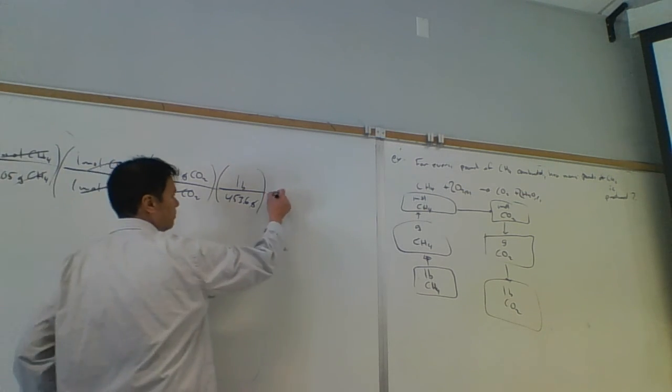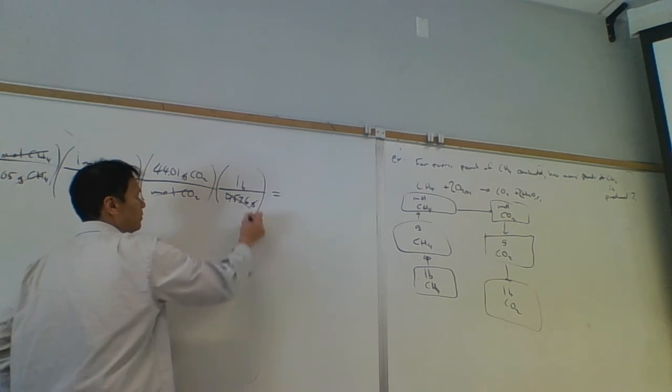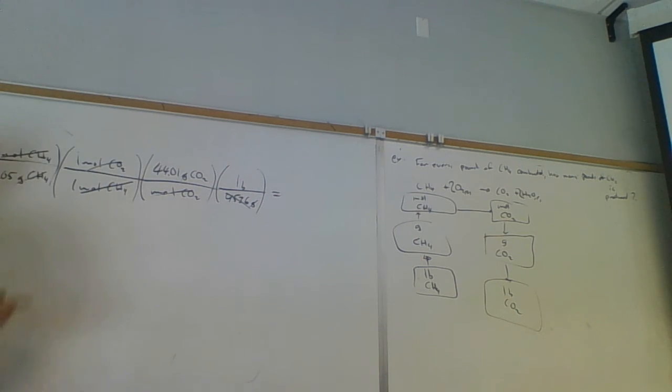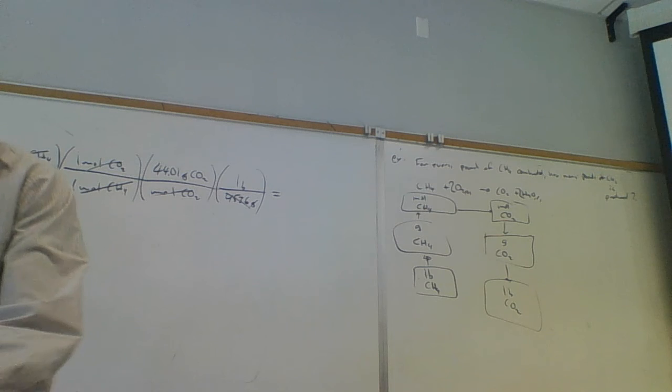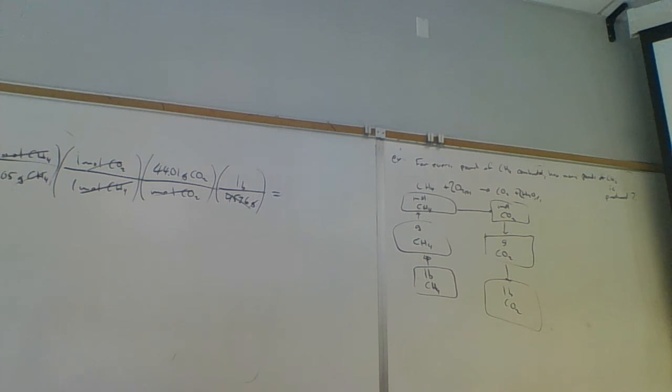Okay, we can do some further simplification. For example, the 453.6 in the denominator there cancels the 453.6 in the numerator here. And so essentially it's just going to be 44.01 divided by 16.05 in this one.